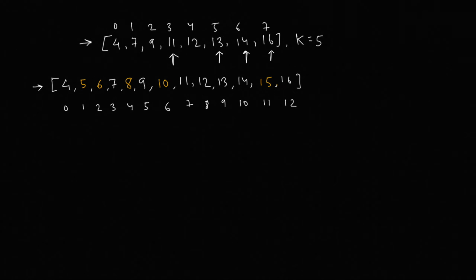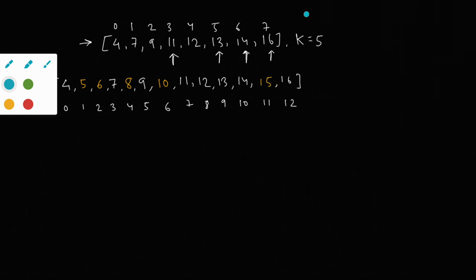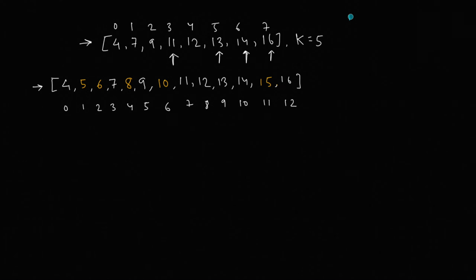So what did we find out? Let's say at every index we're calculating the number of missing elements on its left, right? So if the missing number is smaller than k, then we move our search to the right side.